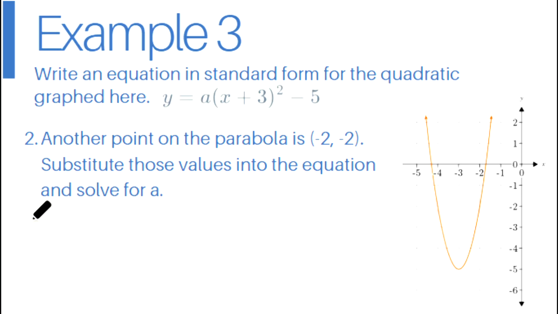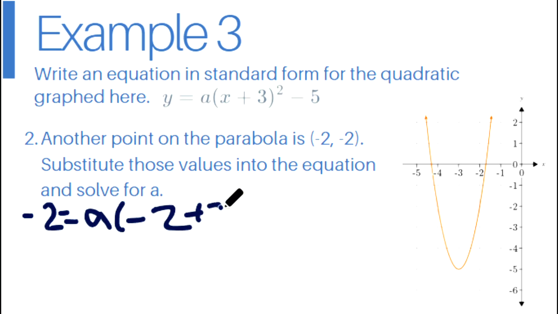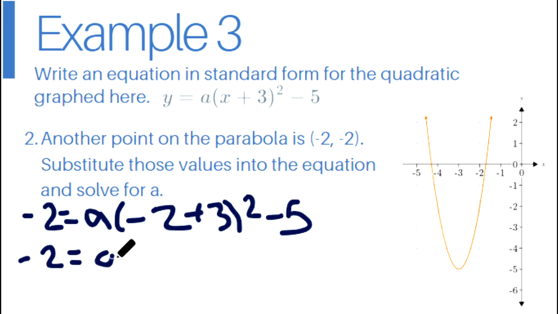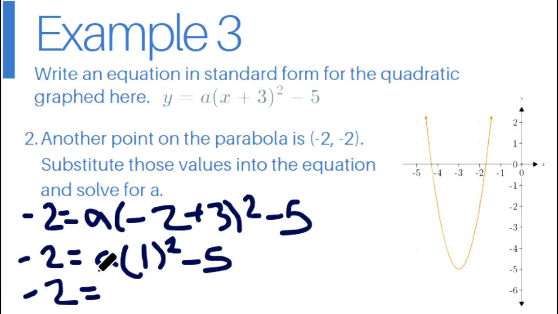So how you do that is you go -2, because that's our y value, equals a times (-2 plus 3) squared minus 5. We do our parentheses first, so we have -2 equals a times (-2 plus 3), which gives you 1, which will then be squared, and we'll subtract 5. -2 is equal to 1 squared is 1, so this becomes just a minus 5.